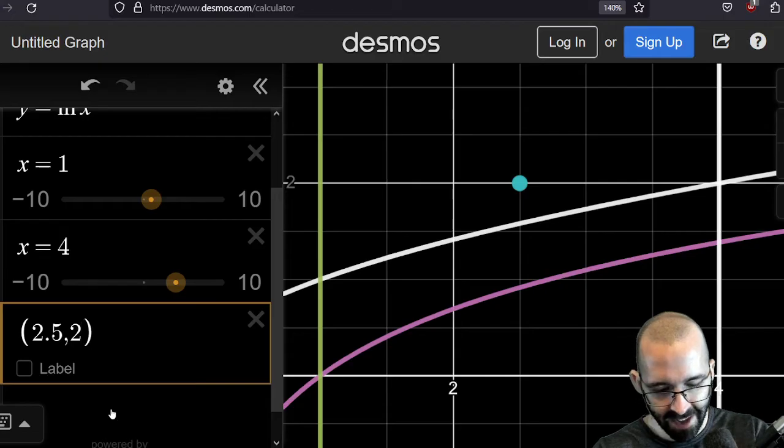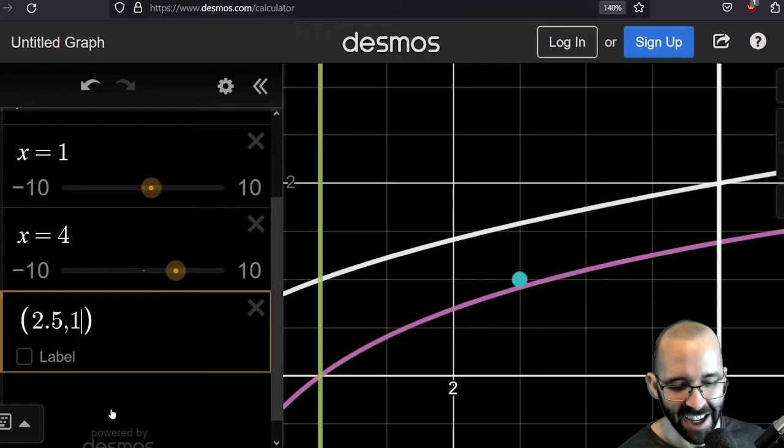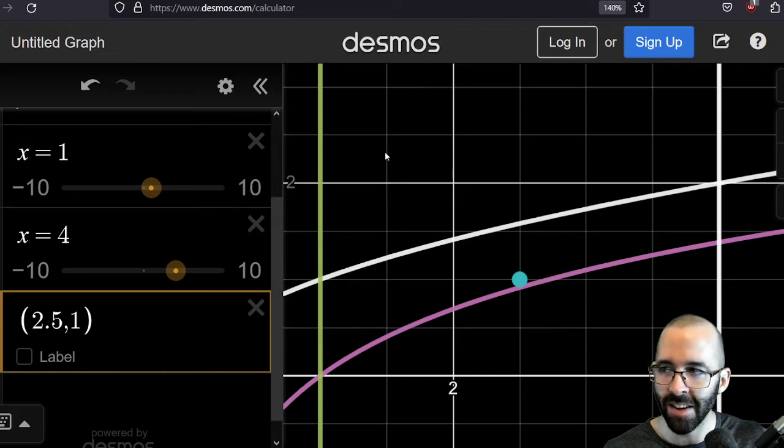Oh, 2.5 comma 1. This is my guess for the center of mass. Again, it should be somewhere around here. If we get a center of mass way up here, we got a big problem. Now, the center of mass can be outside the region. It's fine if it's outside the region.